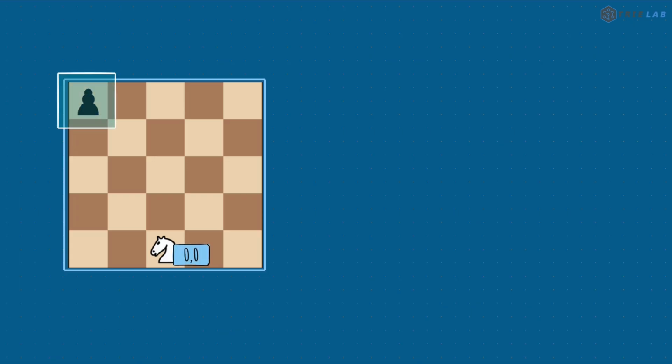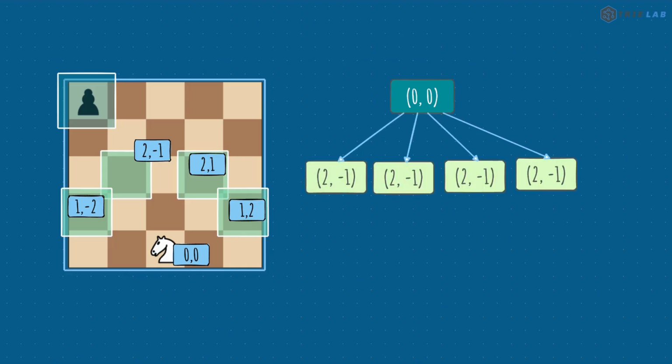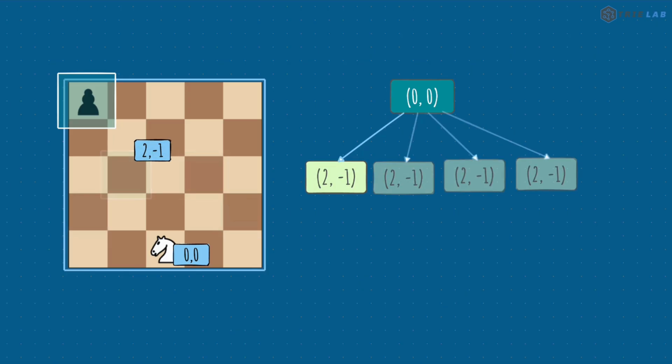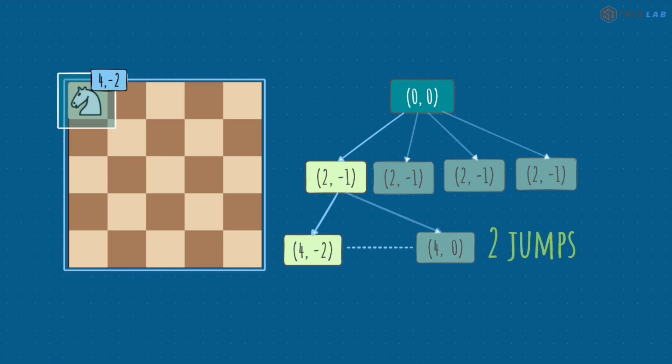If the knight is currently at 0, 0, we compute its next valid moves by checking all 8 possible knight jumps, but only consider those that stay within the board boundaries. From this starting position, let's say the knight can move to 4 valid cells. Suppose the knight chooses to jump to 2, -1. From there, it can again jump to 8 possible positions, one of which happens to be the target cell. In this example, the knight reaches the target cell in 2 jumps, which also happens to be the minimum number of moves needed.